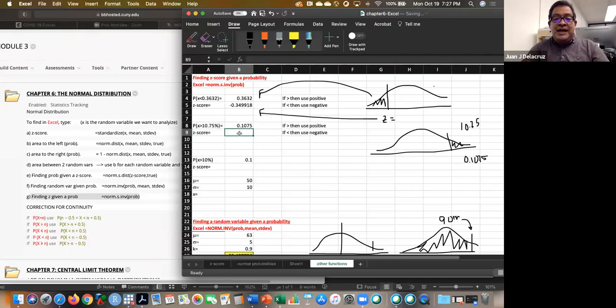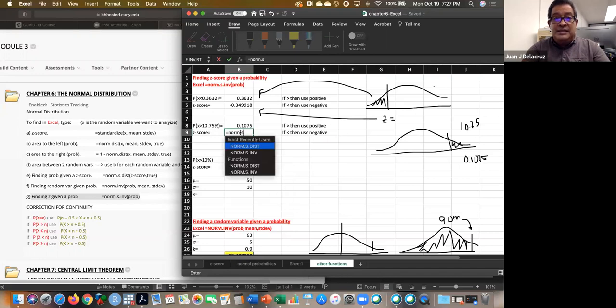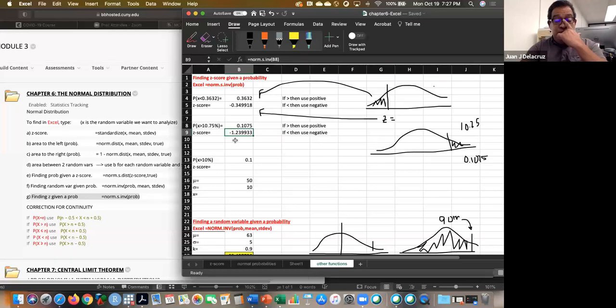So what we're going to do here, and that's the reason I use this notation, for example, I can do exactly the same, right? So I'm going to do equal norm.s.inv. I am going to use this for this area, and I'm going to say enter. So what do I have here? Because the value is greater than, my C-score is minus 1.23.